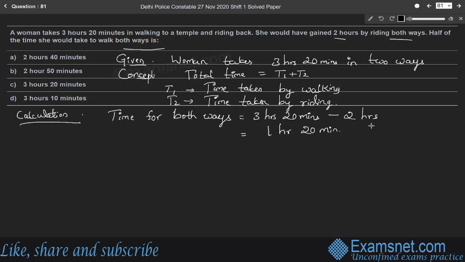So time for both ways is 1 hour 20 minutes. Time for one way is 40 minutes.